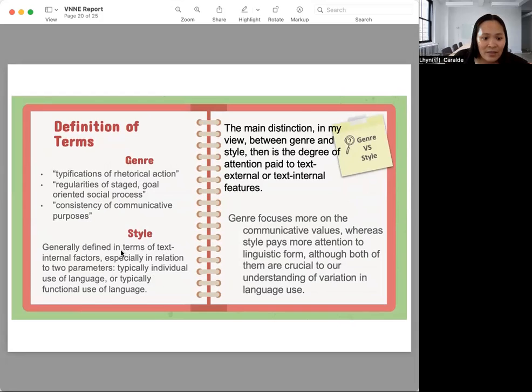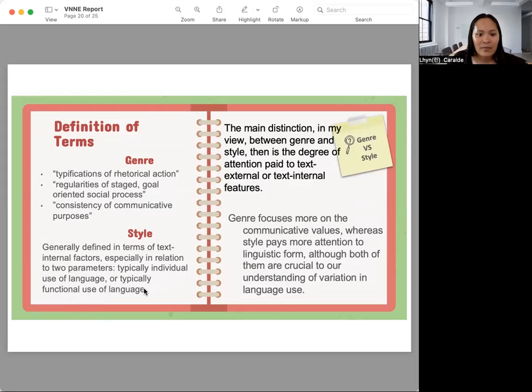We have different styles, especially in relation to two parameters, typically individual use of language or typically function use of the language. So these are the two parameters that we have to remember.